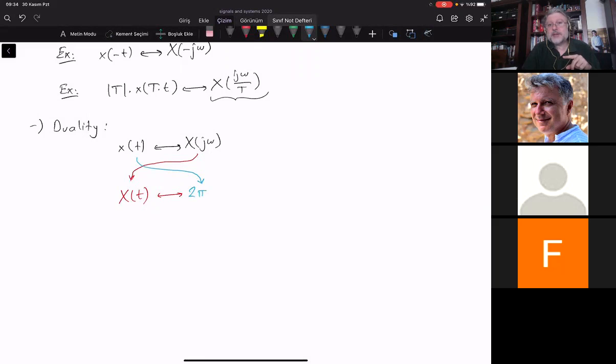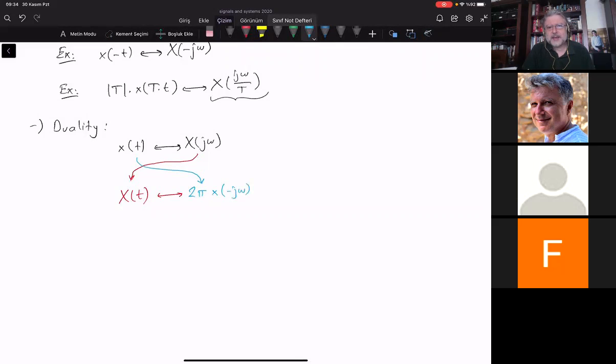Of course, it will be a Fourier transform, so that will contain a parameter of omega, so everything will be a function of omega. But it's going to be like this.